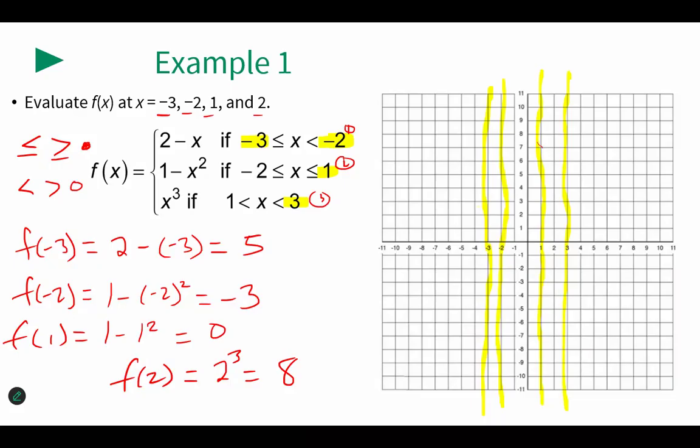Now for these points, you already have values that are already defined for them, correct? So we know where they're going to be closed circles at for each one. Make sense? So for negative 3, we know that it's defined at 5. So when I go to negative 3, I go to 5. I can go ahead and put in a little dot. It's closed.